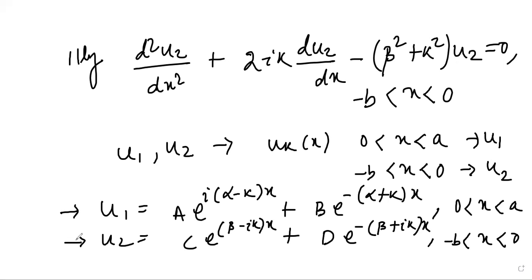And if you want to find the constants like a, b, c, d, these arbitrary constants we have used, they can be determined from the boundary conditions. So what are the boundary conditions we can write? u1 at 0 must be equal to u2 at 0.